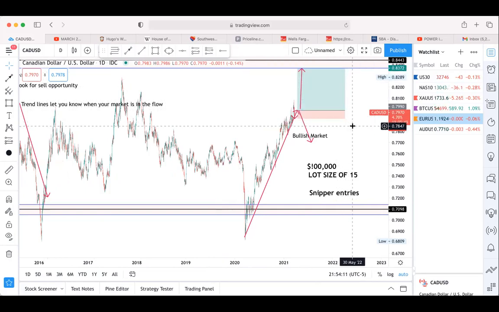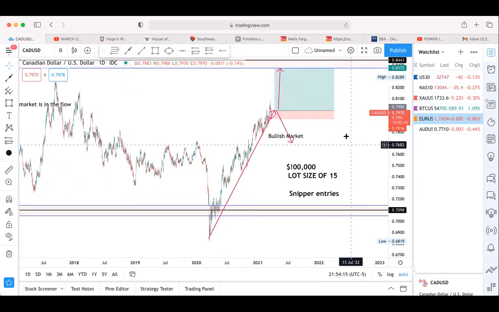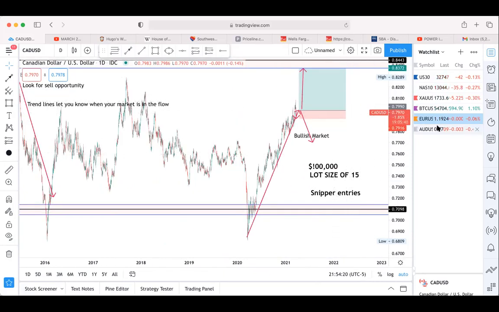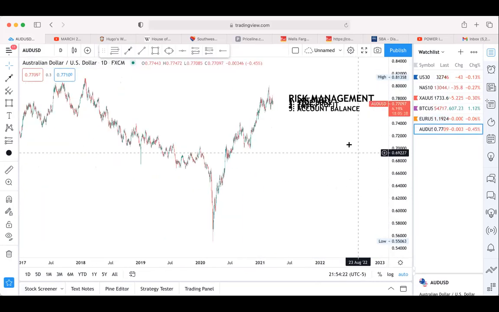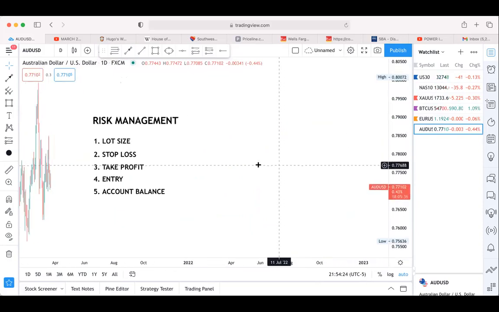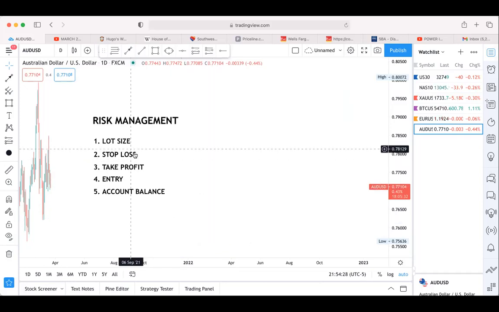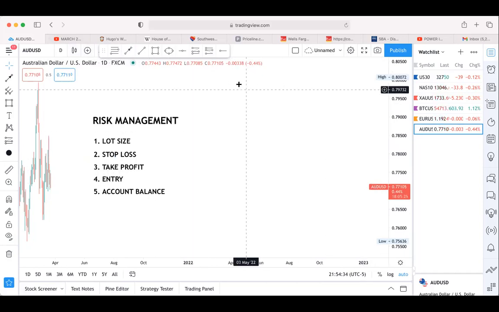So my reward is 5 times greater than my risk. So I can take that. So we're talking about risk management right here. I said risk management has to do with lot size, your stop loss, your take profit, your entry, account balance. Let's go back to that market.